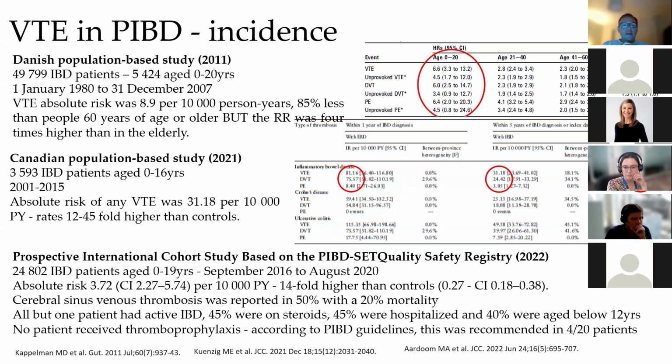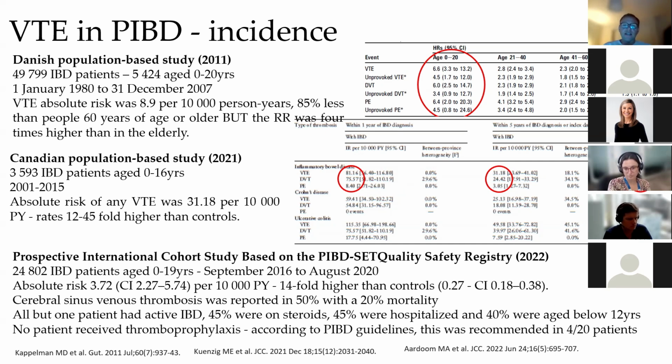So the risks between these studies and surveys vary, no surprise. They all show an increased risk. They all show that colitis has a greater risk than Crohn's disease, and the number of central clots in children is significantly higher than the more peripheral typical DVT or pulmonary embolism that you will see in adults.